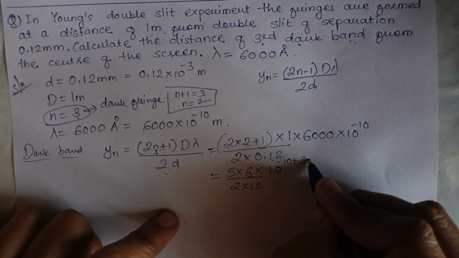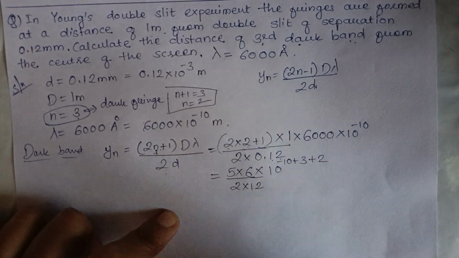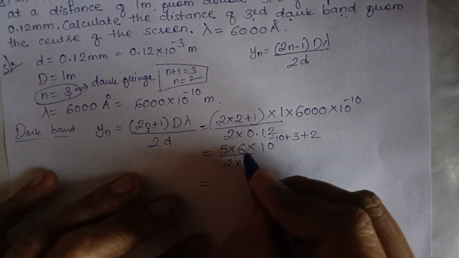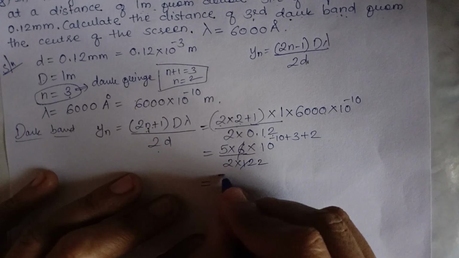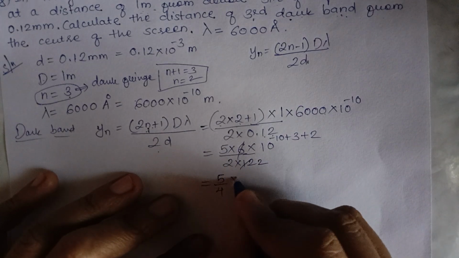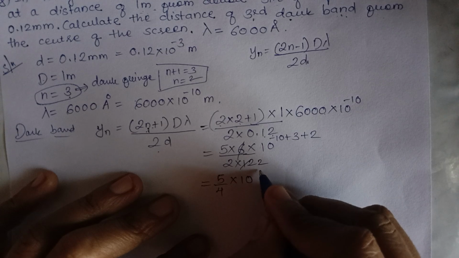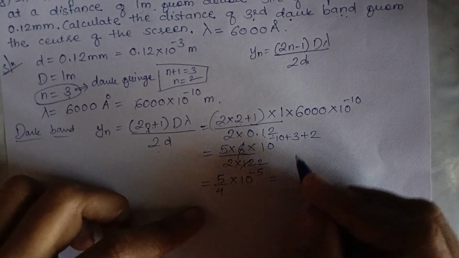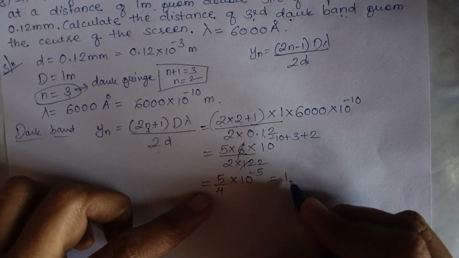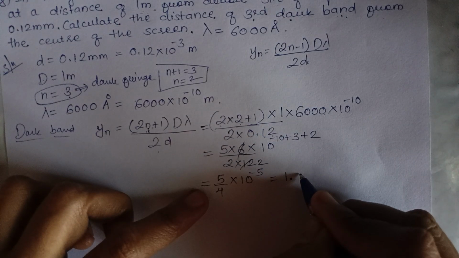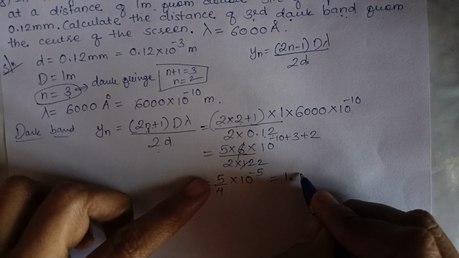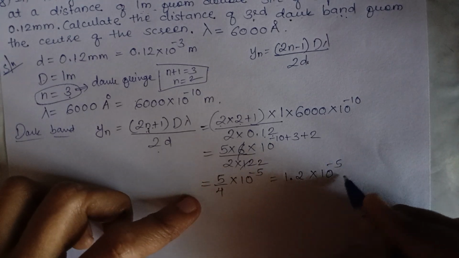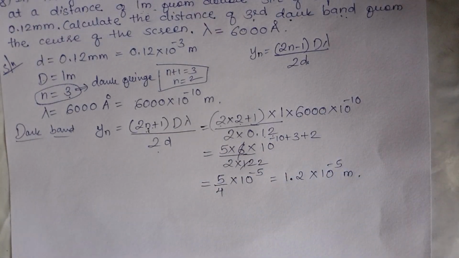So here it will become plus 2. Okay. 5 by 4, 10 raised to minus 5. So 1.2 into 10 raised to minus 5 meter.